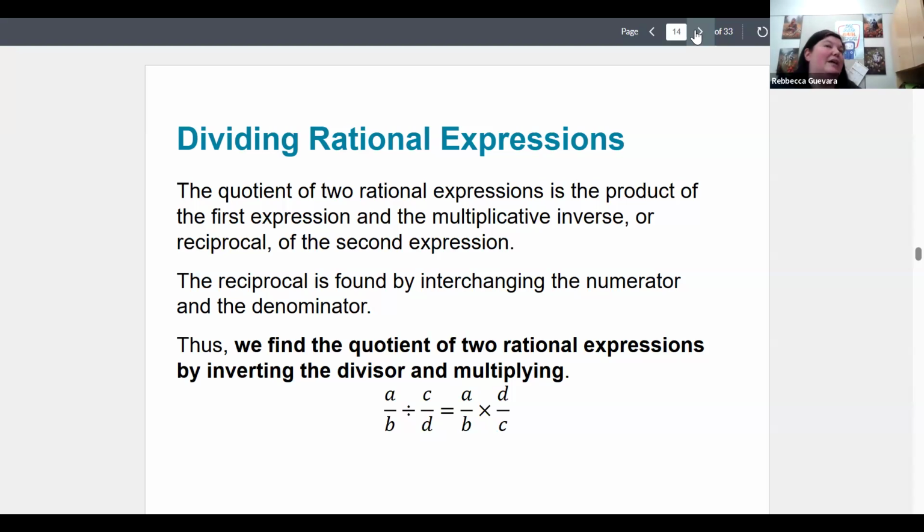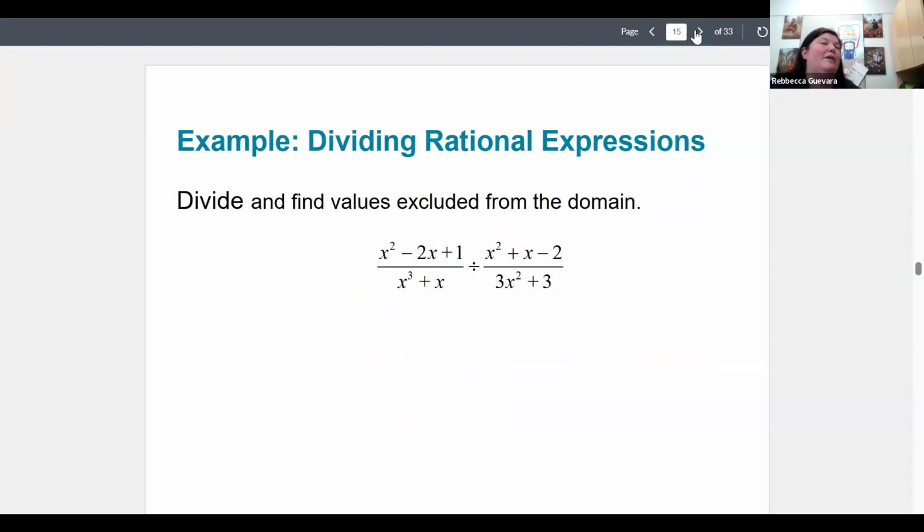So if you have 2x over x squared minus 2x plus 1, over x cubed plus x, divided by x squared plus x minus 2 over 3x squared plus 3. The first thing we want to do is keep, change, flip. We're still going to look for what's excluded from the domain.